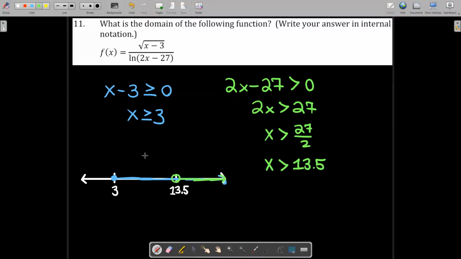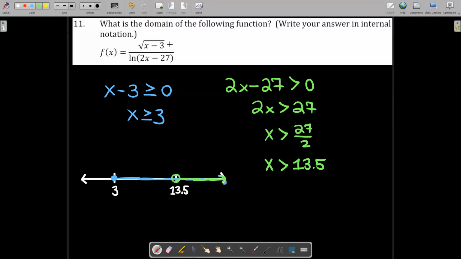Okay, so think about this. If I chose a number that was less than 3, then this number up here would become imaginary, which is not allowed. So that's not in the shaded region. If I picked a number that was greater than 3, let's say the number 5, then it would be okay up here. 5 minus 3 is 2, and I can take the square root of 2.